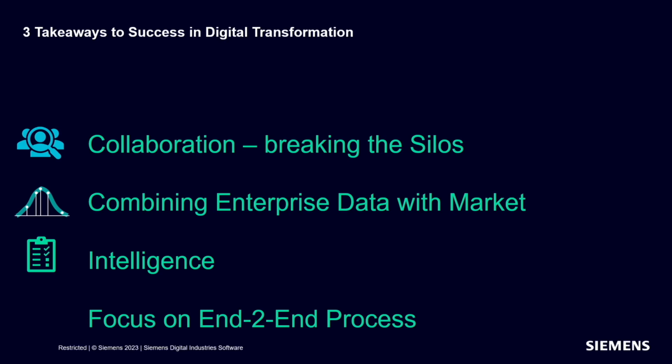Combining the enterprise data with market intelligence is a super important thing. And on the other hand, focus on an end-to-end process. This is the third part for me, to really have one collaboration platform that fully integrates that, and that makes it much easier.